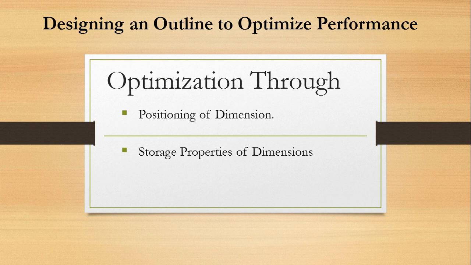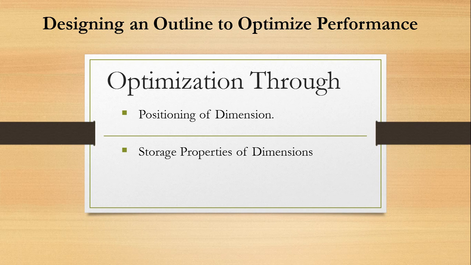In this section we are going to focus on the order of the members in the dimensions, and what storage properties we are going to assign to the members of the outline. Here we will deal with the main concern for which you are here in this presentation.